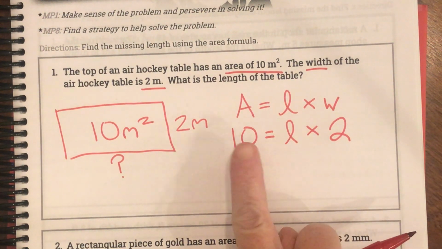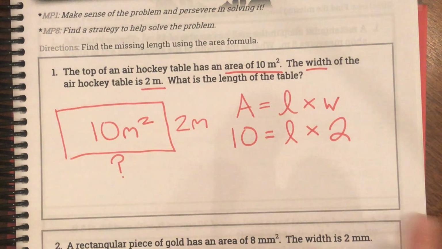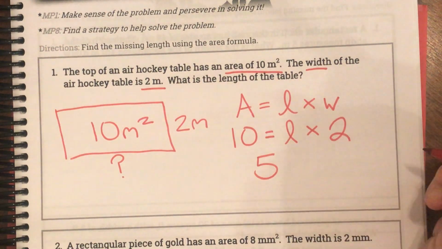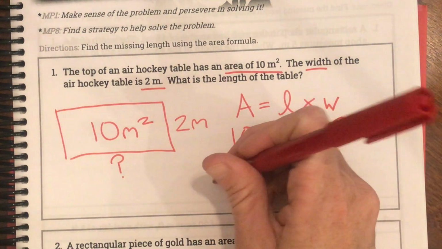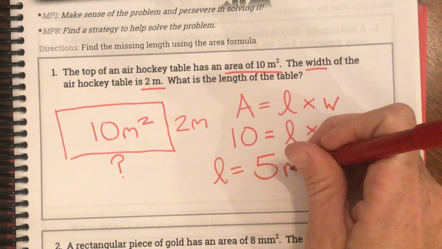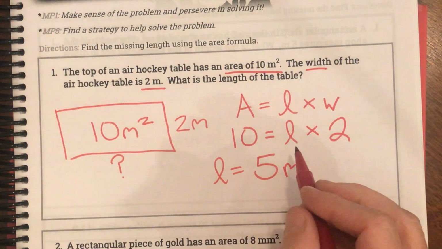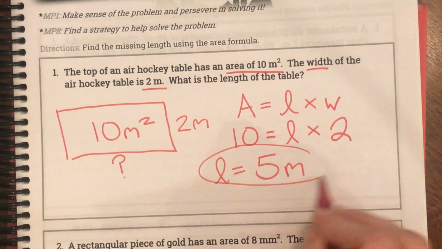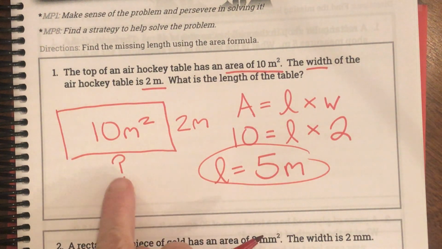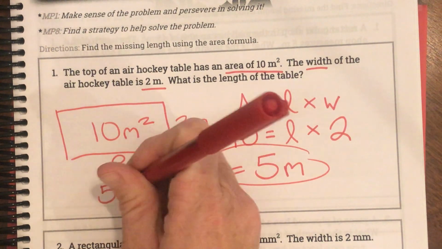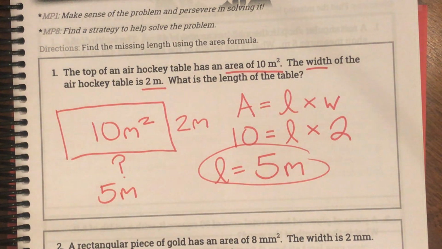And I know 5 times 2 equals 10. So my length must be 5 meters. It's not meters squared because meters squared is just for the area. So my length must be 5 meters.